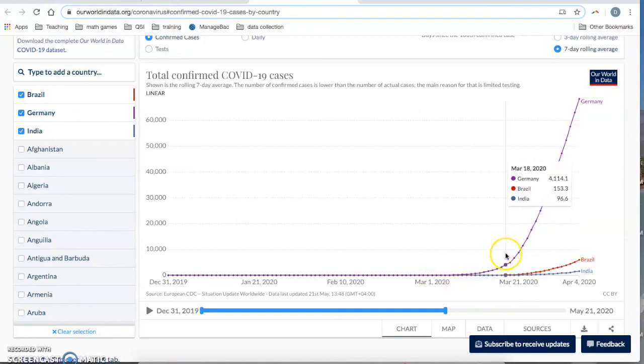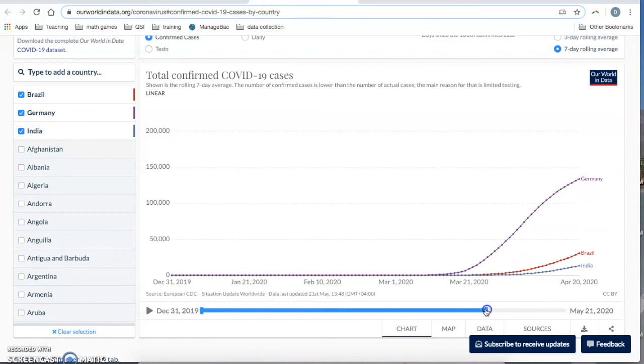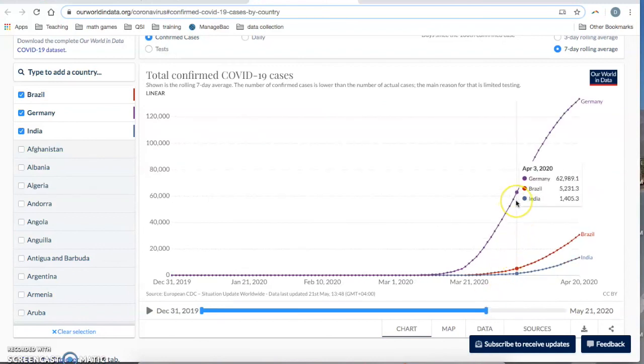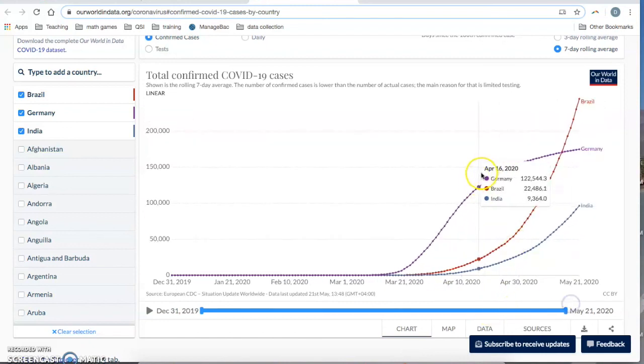So at one point, it looks like Germany was having exponential growth, right? It has that upward curve that's getting steeper and steeper. What happens is over time, they managed to decrease the growth within their country and flatten things out.